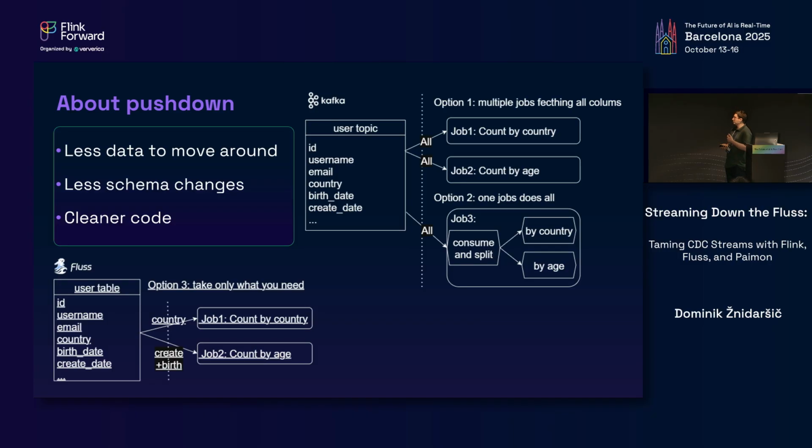Another great thing about the schema is also compression, because Fluss is aware that one column will have comparable data. It can compress it in a columnar manner. And even the storage that Fluss does is in Arrow, and Arrow at the end of the day has batches of columnar data. That might not be the best for reading, of course, because when you do pushdown, you have to check every batch and then only read the column you want.